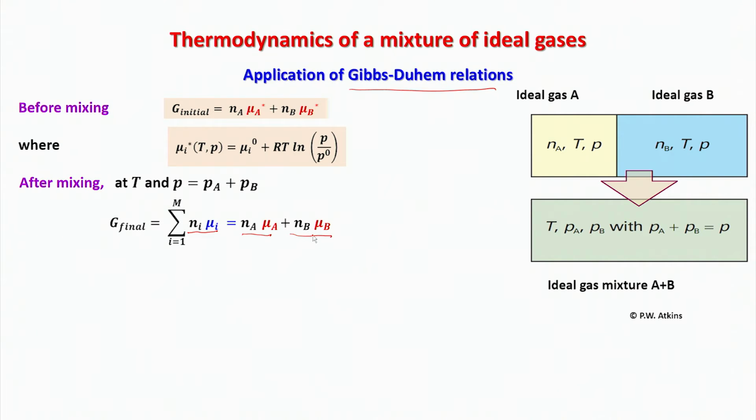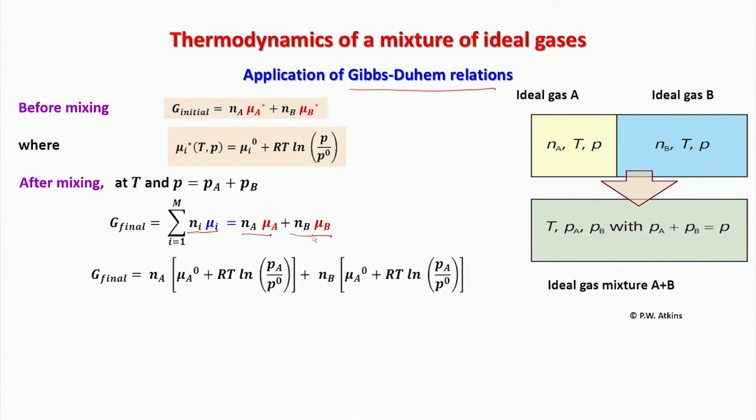Please remember, after mixing, both the components are present inside the mixture, and I know how to write down each of these quantities in the mixture provided I know their partial pressures. Therefore, I am going to replace mu A by this expression, which we have already derived for an ideal gas.